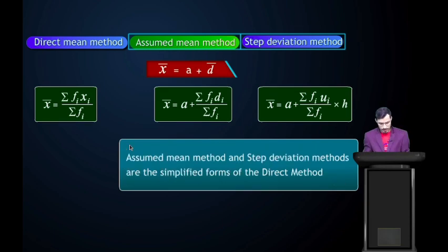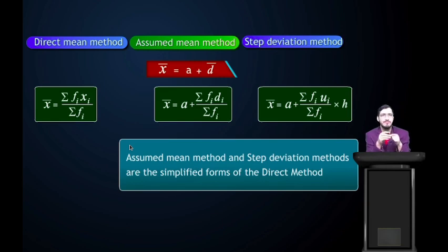The assumed mean method and step deviation method are simplified forms of the direct method. We use them when we have large numbers of data or decimal numbers of data.